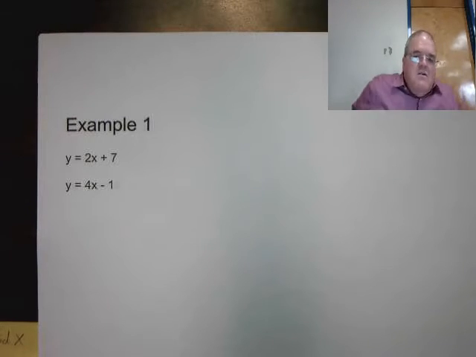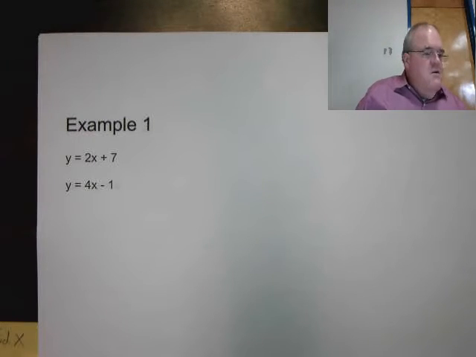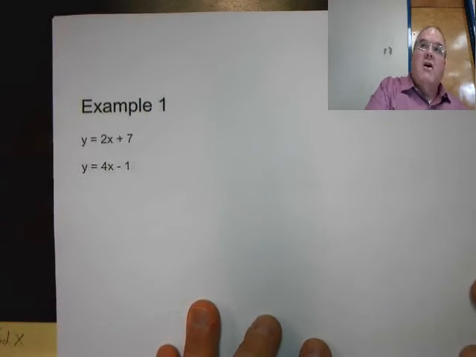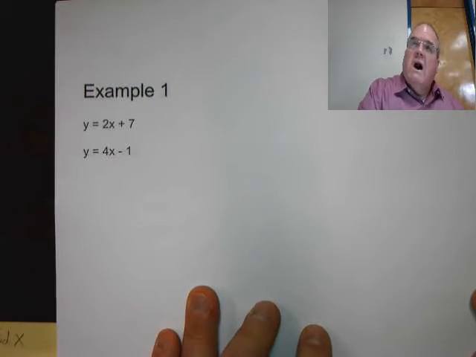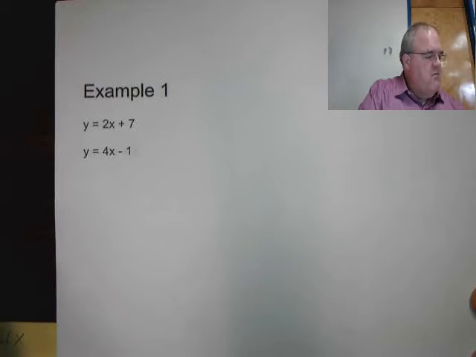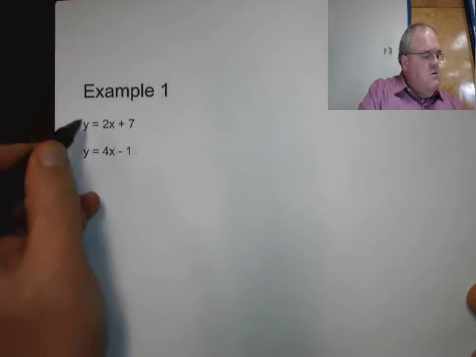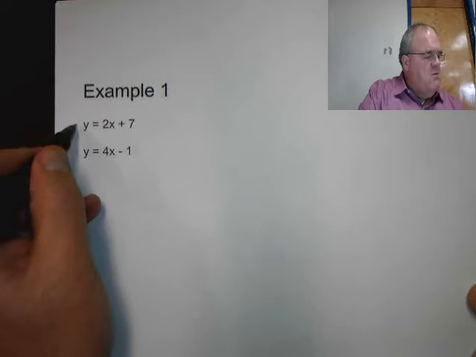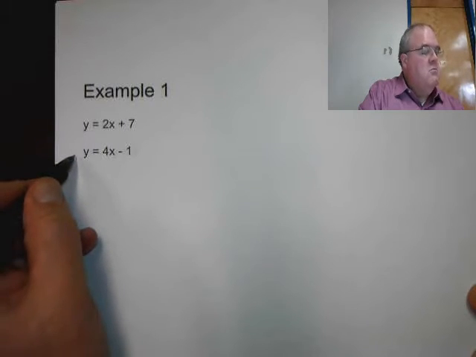So today we're going to be solving systems of equations using substitution. And our first example: y equals 2x plus 7 and y equals 4x minus 1. Now, both of these equations are solved for y.